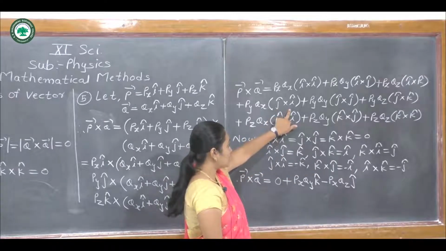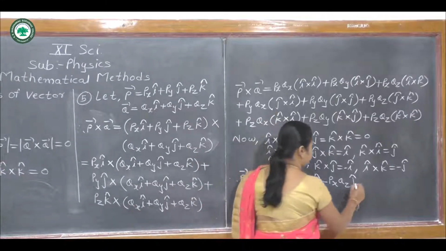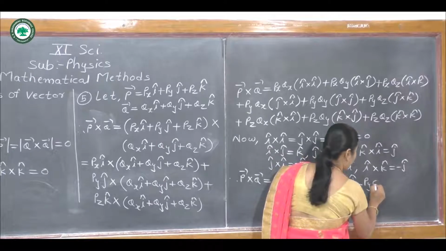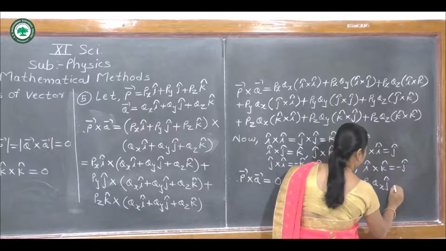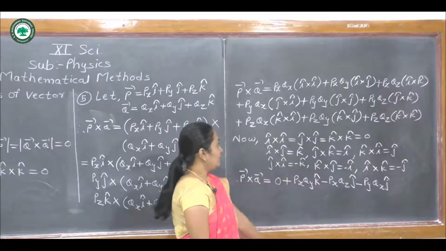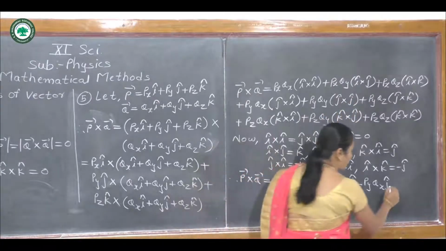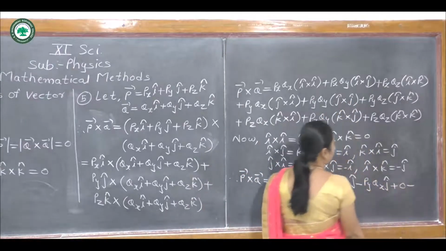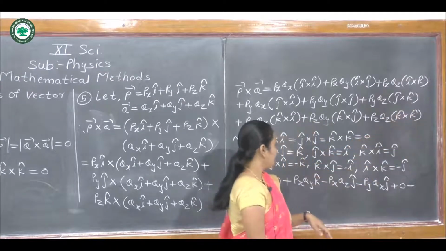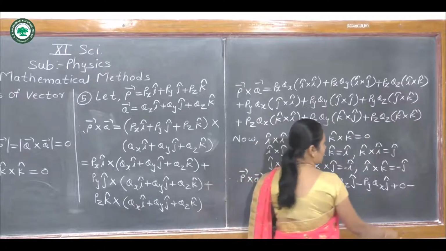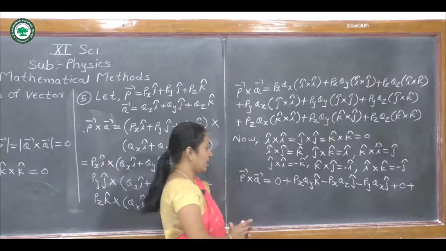j cap cross i is minus k, so this term is minus py qx k. Then j cap cross j cap is 0, so plus 0. Then the next term is j cross k is i, so we can write here plus py qz i cap.